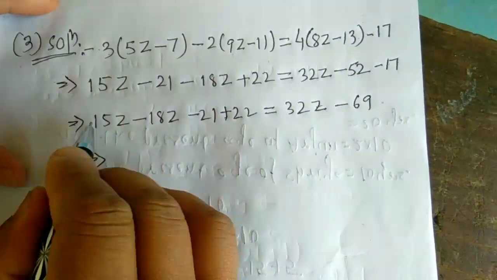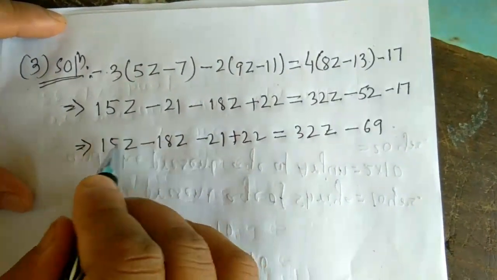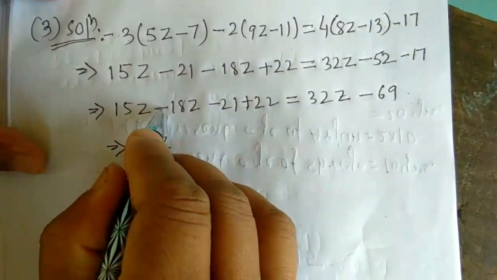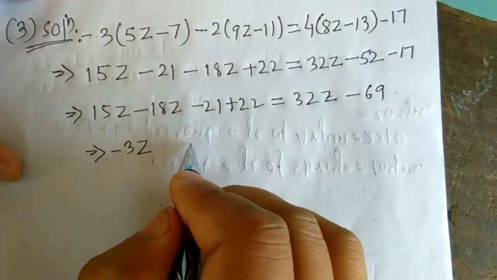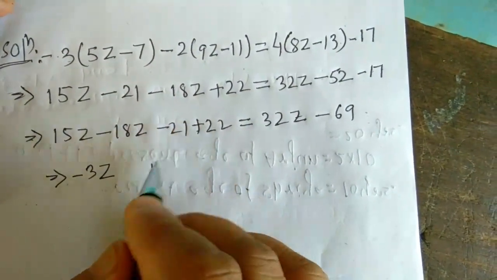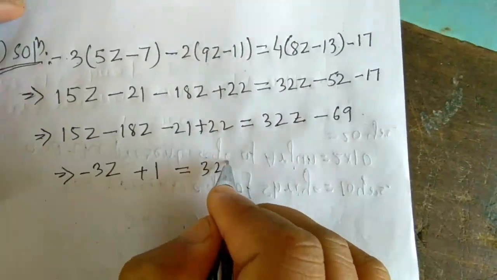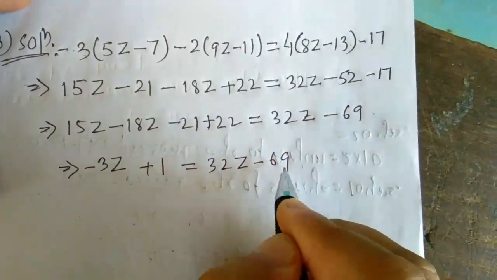18 is negative, 15 is positive, subtract. If one is negative, other positive, you have to subtract. 18 minus 15 is your 3z. 18 is greater, so negative sign. 22 minus 21 is your 1. 22 is greater, so plus 1, equal to 32z minus 69.